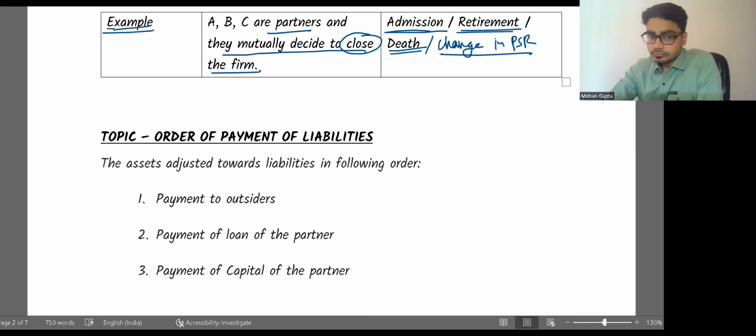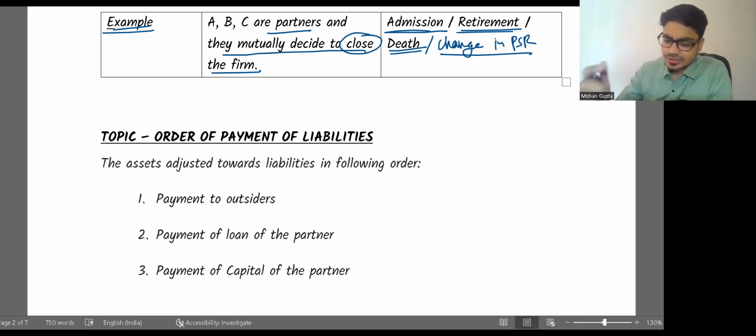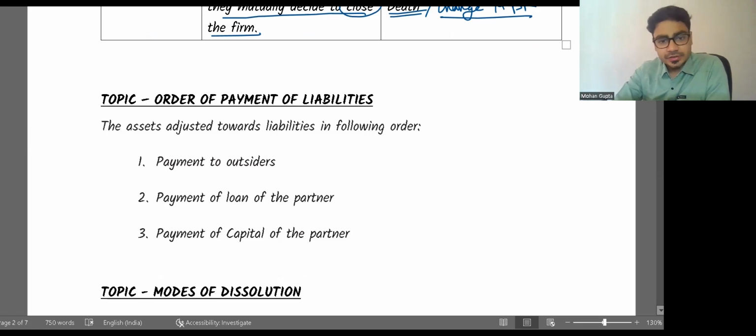Now, the next is order of payment of liabilities, how the liabilities are paid. So, Dhruv, this is also very interesting and logical. Let us say there are two partners, Santa and Banta, and they have a lot of liabilities. They have three types of liabilities.